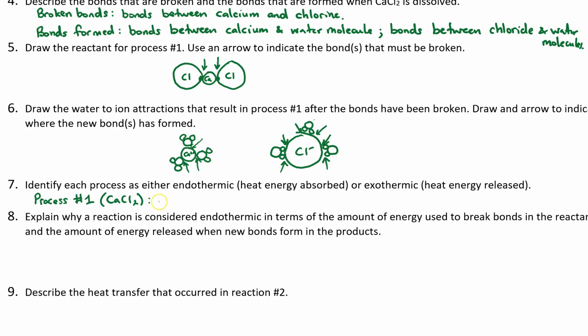So we know that this is an exothermic reaction. And then process number 2 was ammonium chloride. And here we saw that the temperature decreased, so we know this is endothermic. Cool deal.